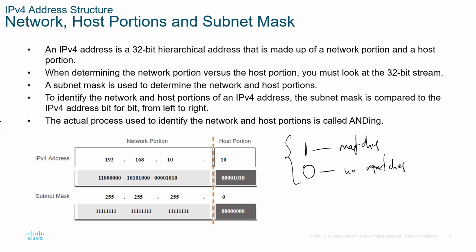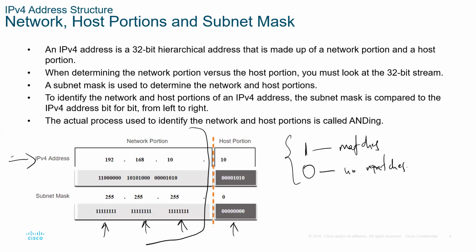So if I'm looking at this IP address that is given here, 192.168.10.10, and the subnet mask, I have 255, 255, 255, and 0. It means where there are ones, a continuous stream of ones, that is my network portion. That is why we have this as my network portion.